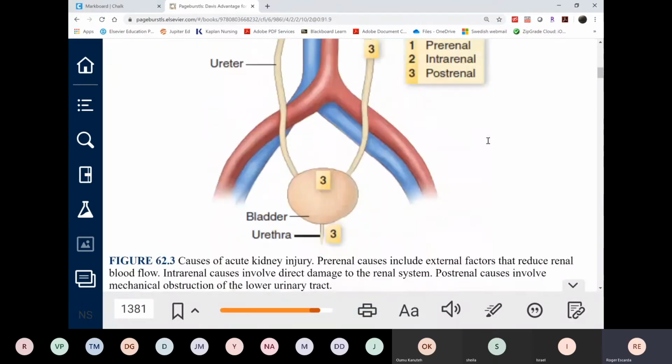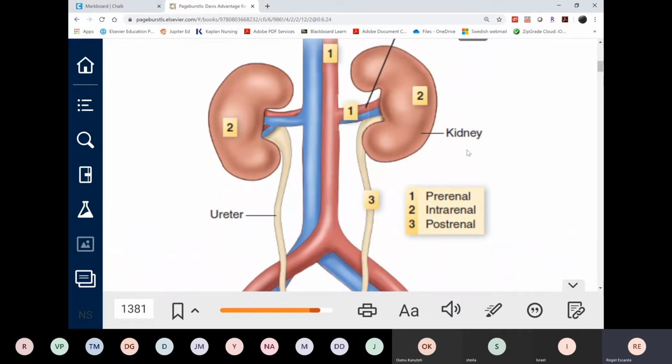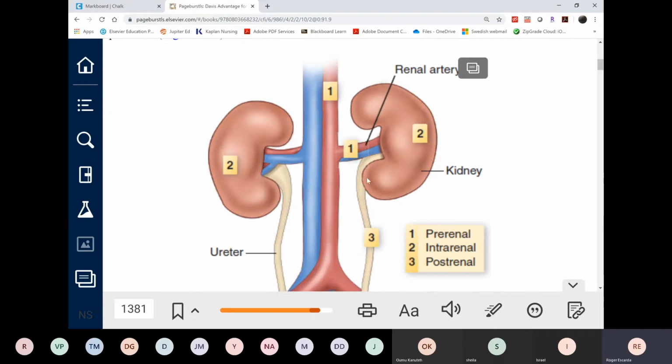Let's look at the causes now. So there are numbers on this figure representing the causes of acute kidney injury. We have pre-renal, intrarenal, and post-renal causes. Pre-renal means, as labeled here, causes that lead to decreased blood flow to the kidney. So here you have your renal artery branching to the right and left kidney. If there's any problem resulting in decreased blood flow to the kidneys, that can cause pre-renal injury.